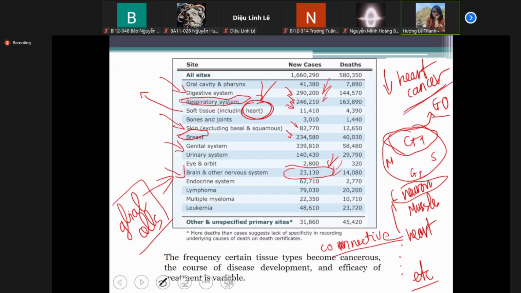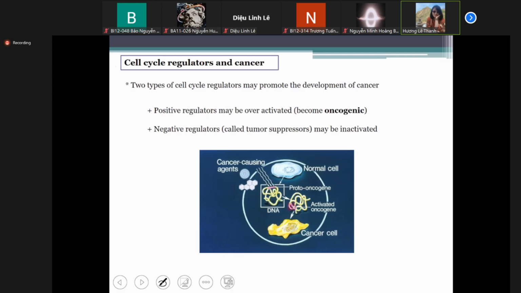And next, about the cell cycle regulators and cancer. We have two types of cell cycle regulators that may promote the development of cancer. First, the positive regulators may be overactive. We have oncogenes, and remember the CDKs plus cyclins.